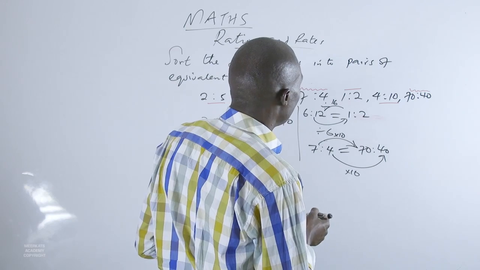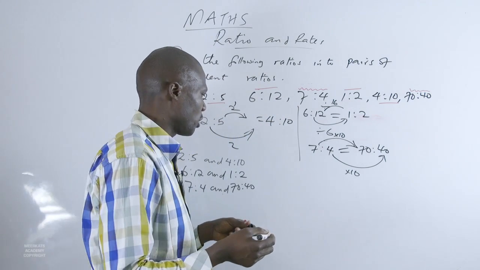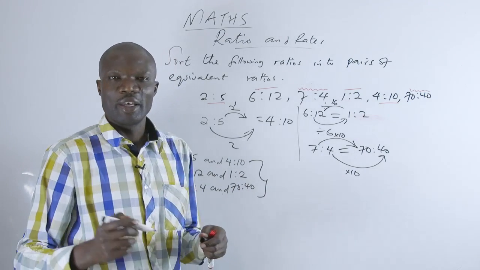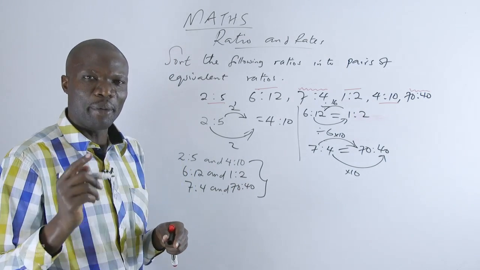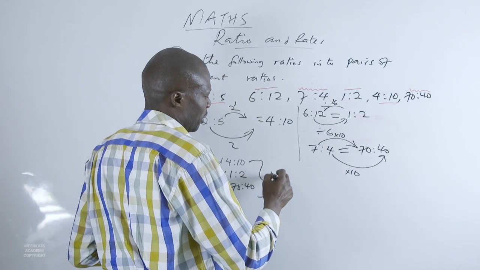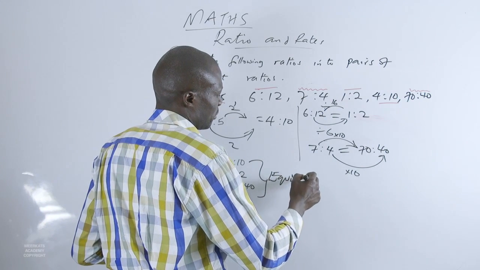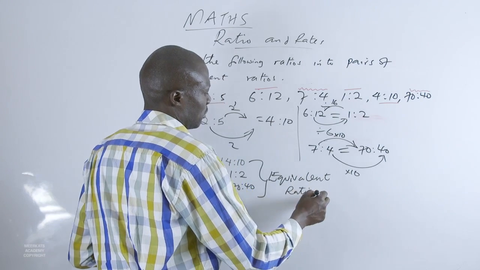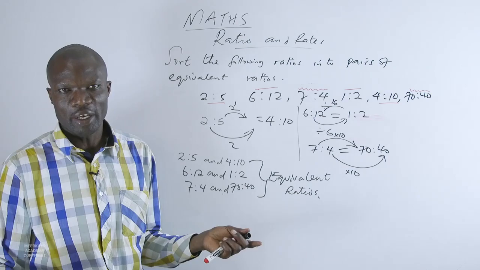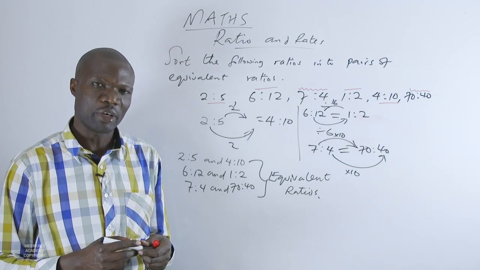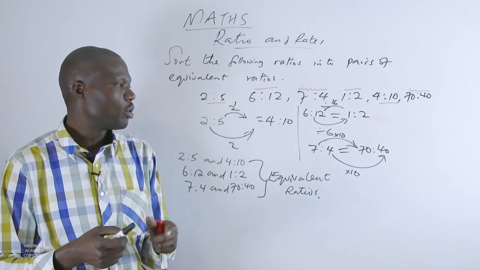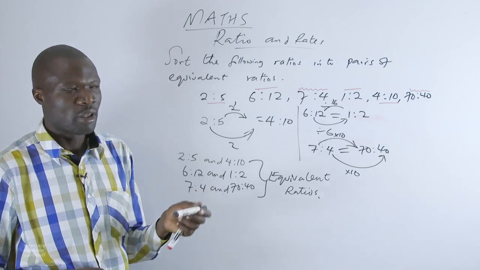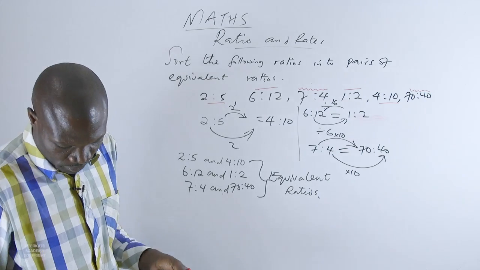So from there, I think we've exhausted both. So we are only concluding to say that they are pairs of equivalent ratios. So we should be able to identify such and find the equivalent ratios.